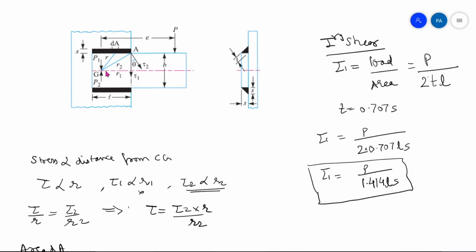Okay. I can say R2 is the farthest distance, that is point A from G. Sir, because this load P will try to tilt it from that point. So, sir, we will take the farthest distance from the material where it is going to tilt. Correct, correct. Exactly.